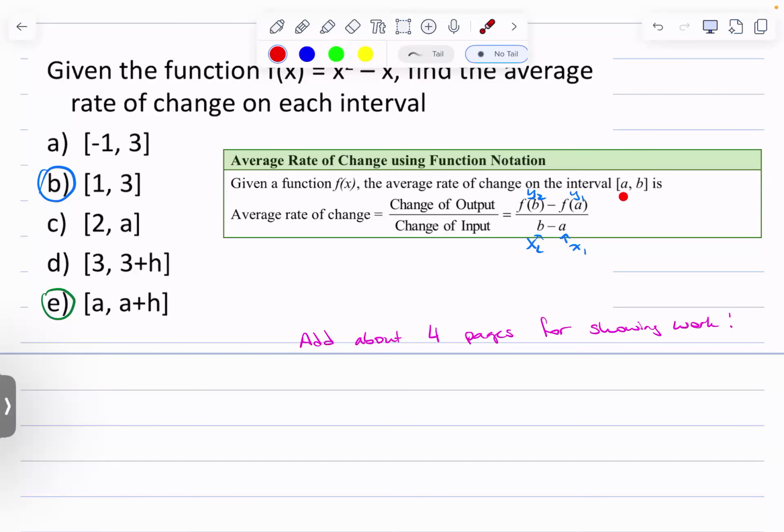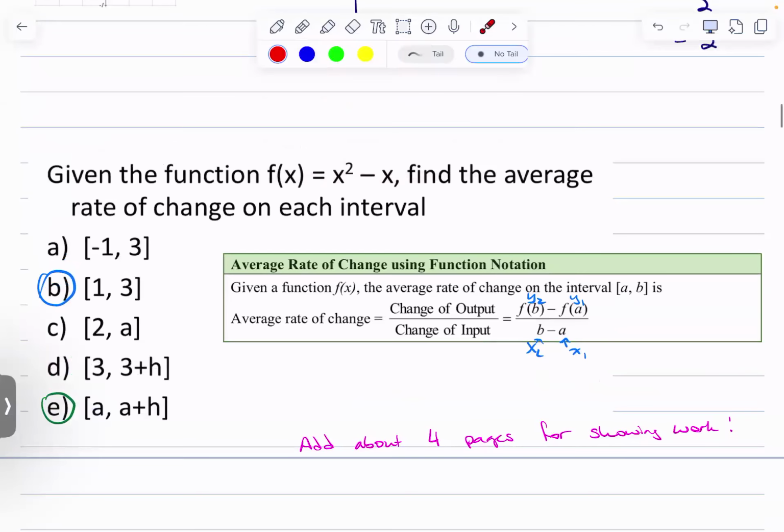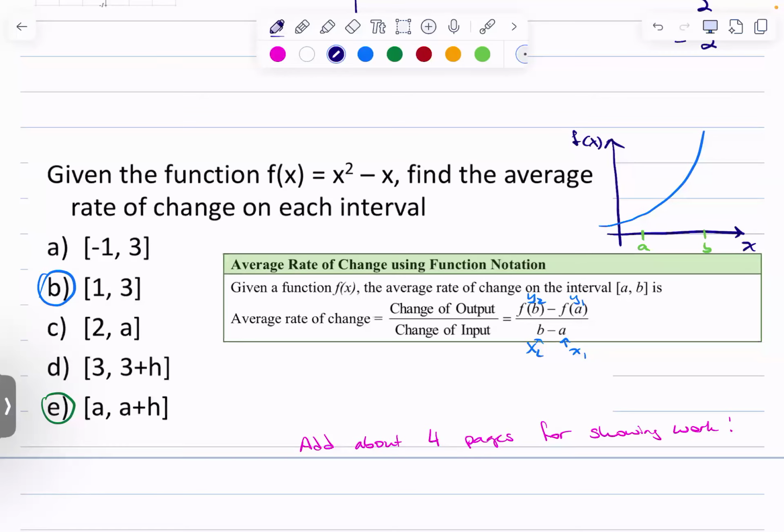So if we have a function f of x, the average rate of change on the interval a to b, which is going to look like this. I have something like this between A and B. Remember, f of x is on my y-axis and x is on my x-axis.